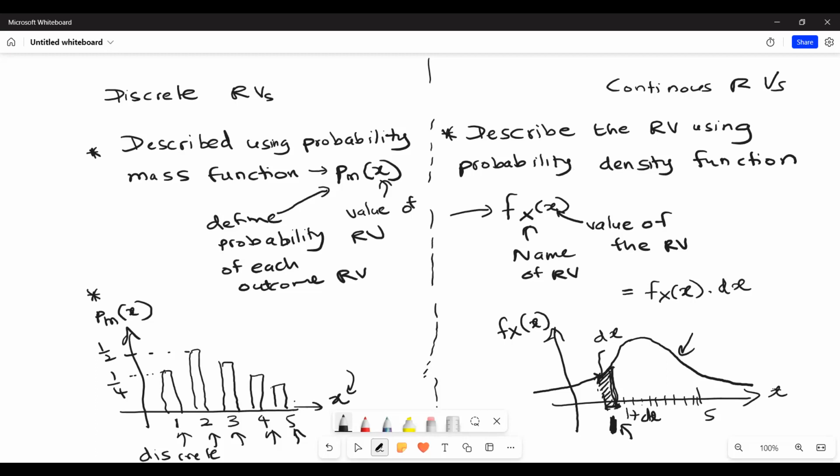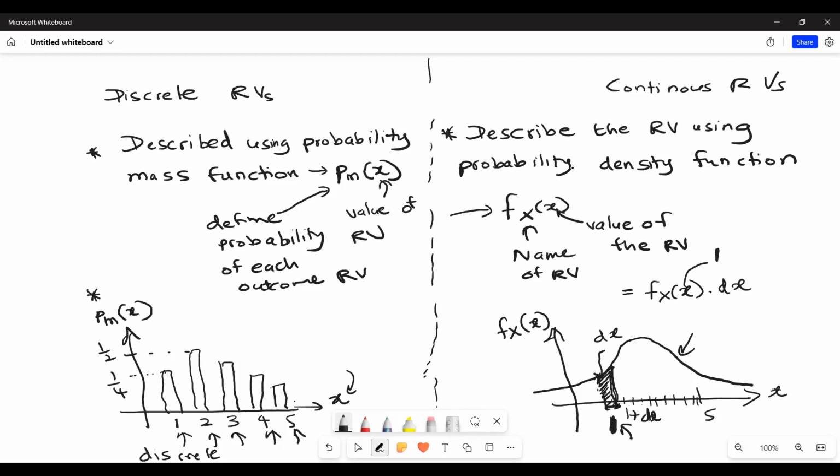So if I want to find the area under here, then I need to just take the height, which is f_X(x), and in here the x value is 1, right? So f_X(1) into dx is the probability of getting 1, or a value between 1 and 1 plus dx.